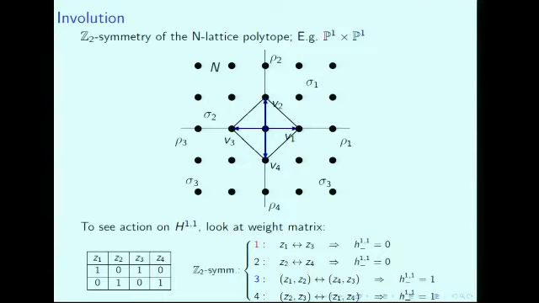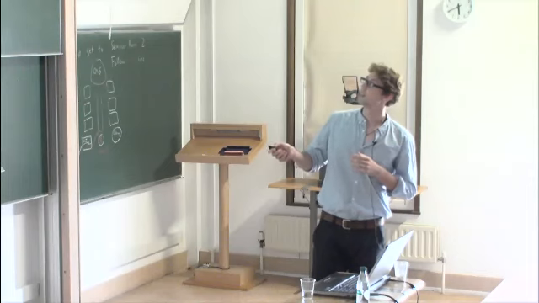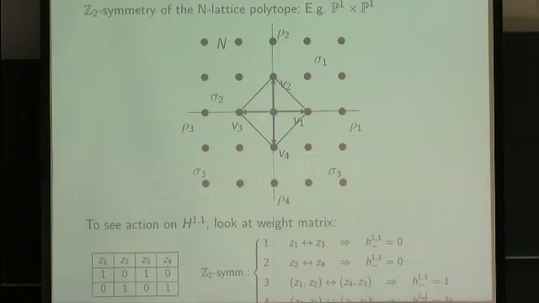And now we can have several Z2 symmetries. For instance, this reflection here, where Z1 goes into Z3, or Z2 goes into Z4. But the ones that we are actually interested in are the ones that leave, in this simple example, none of the homogeneous coordinates invariant, that map Z1 into Z2 and Z4 into Z3.